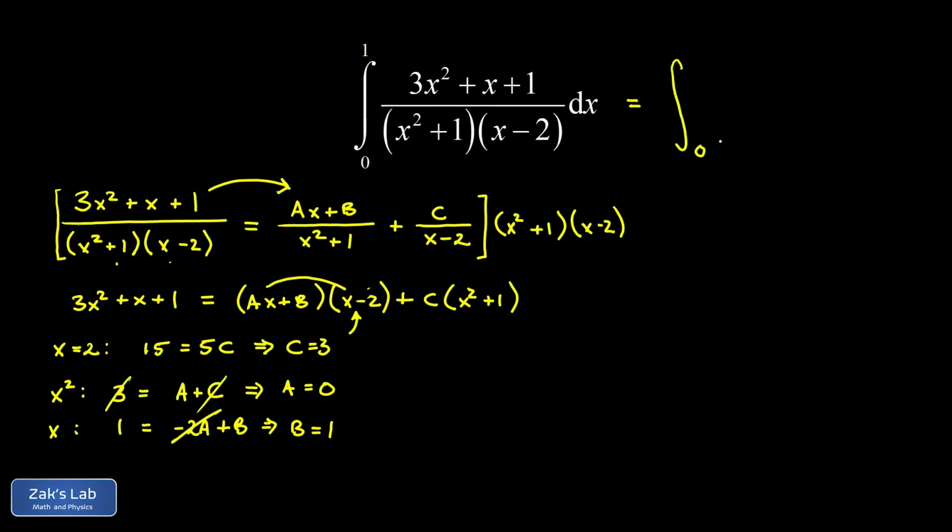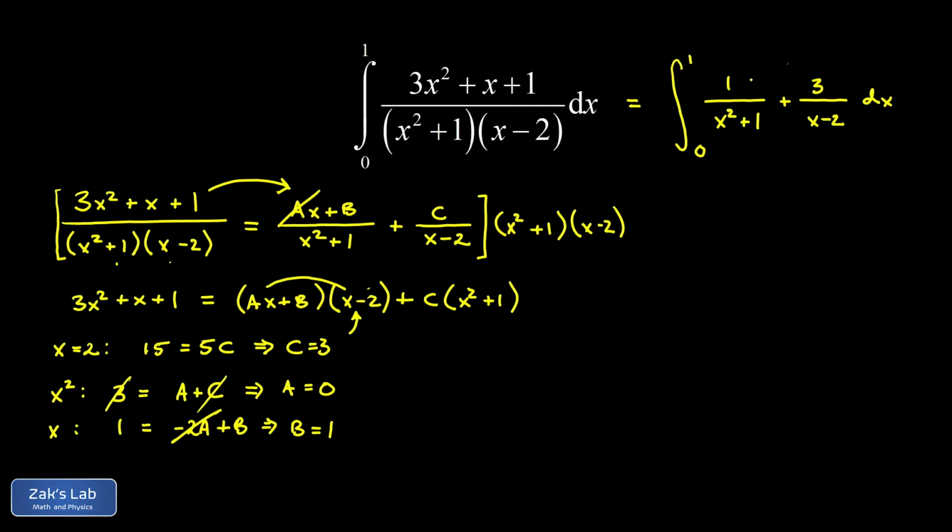So our original integral becomes the integral from 0 to 1 of our first piece, ax plus b over x squared plus 1. Well, we found out a was 0 and b is 1, so that piece is just 1 over x squared plus 1. Then we have c over x minus 2, but c is 3, so I have 3 over x minus 2.